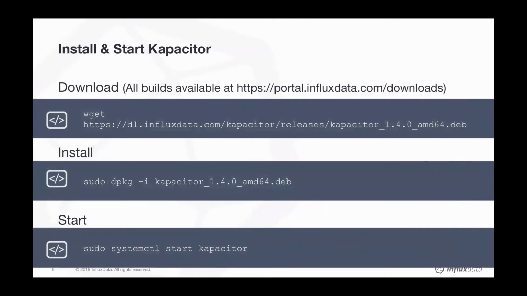All right, so in terms of installing and starting Kapacitor, it's pretty much the same as installing and starting the other parts of the platform. All of the different builds are available at this link here, portal.influxdata.com/downloads.